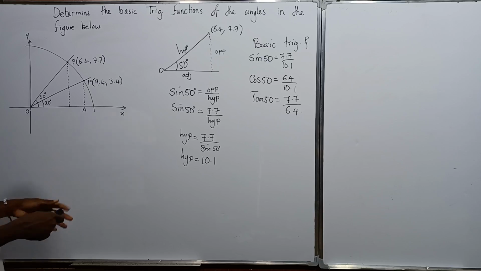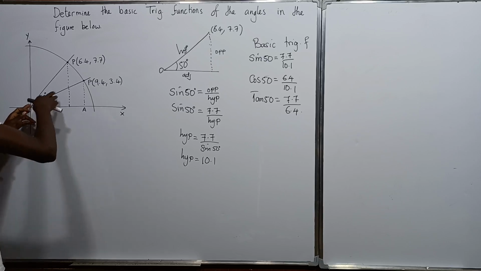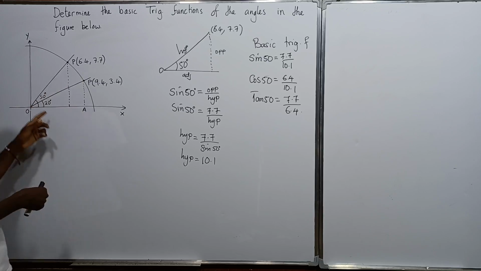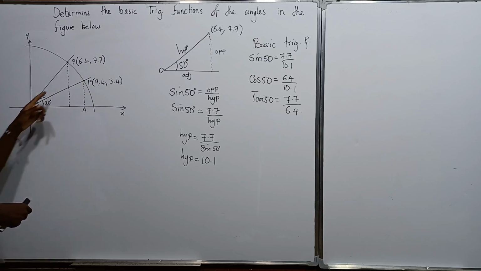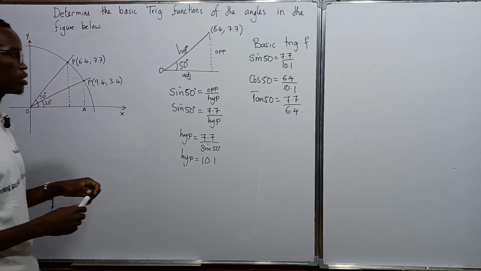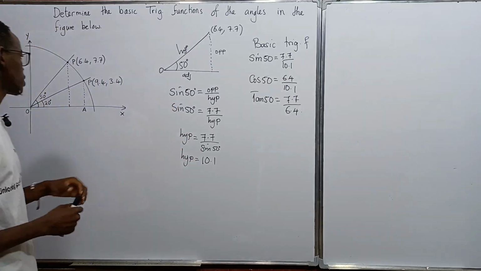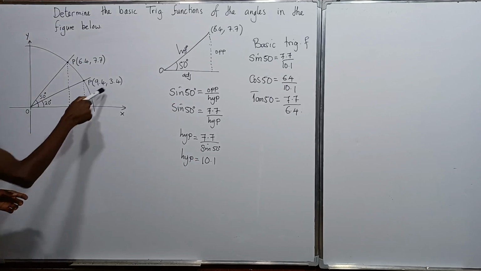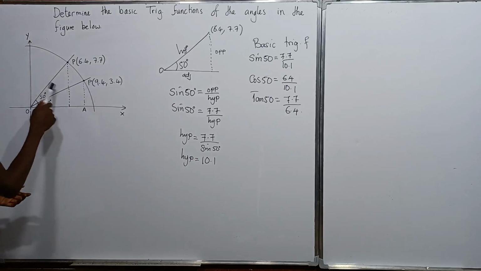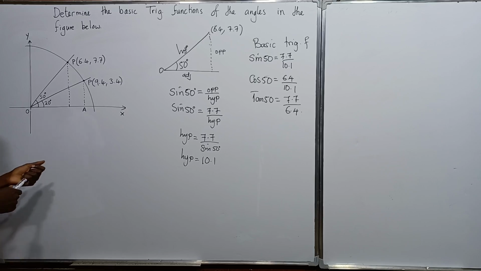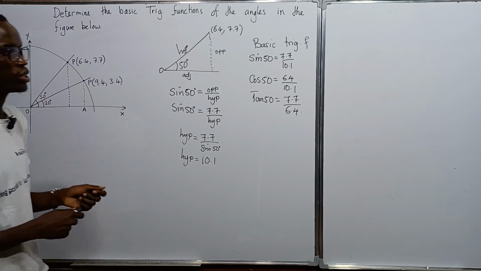So then let us break down this smaller triangle, and we find the length of OP there, which is our hypotenuse. We can use the same sine, because we know the opposite, but we don't know the hypotenuse, and we also know the angle is 20 degrees.